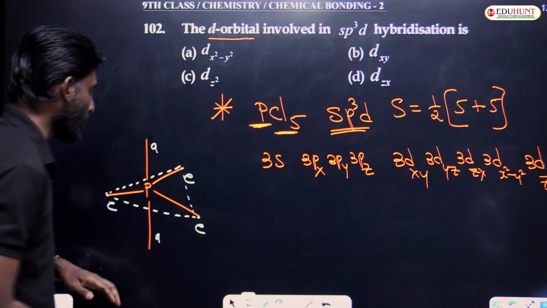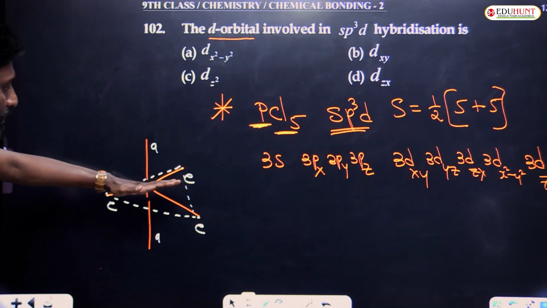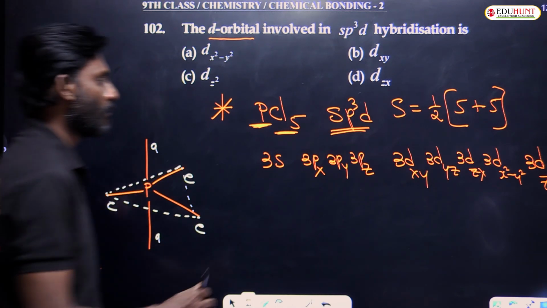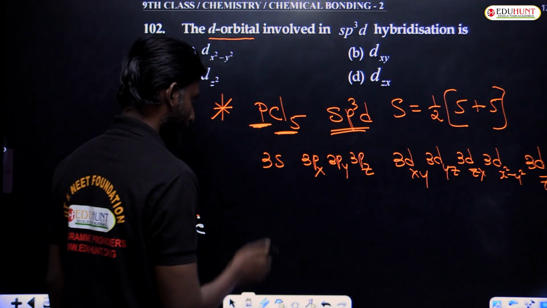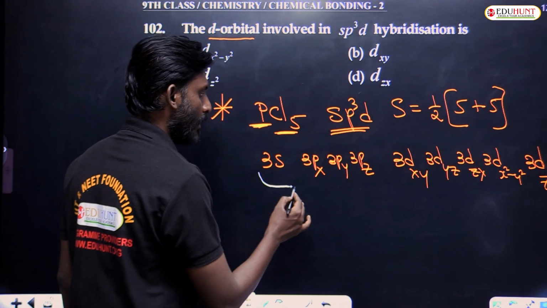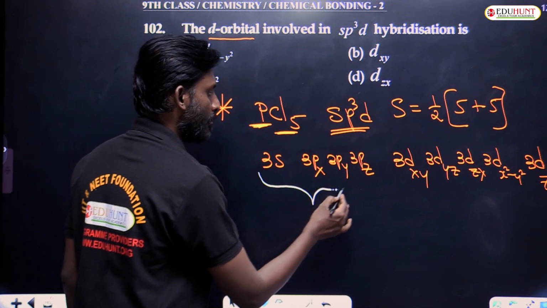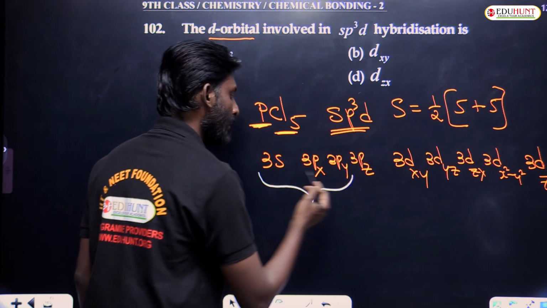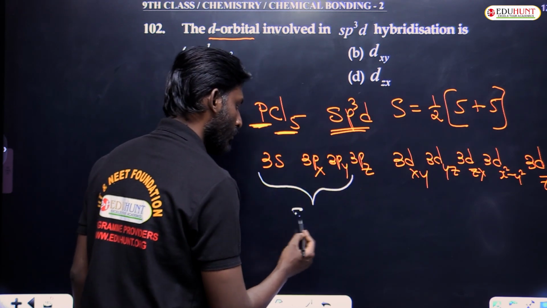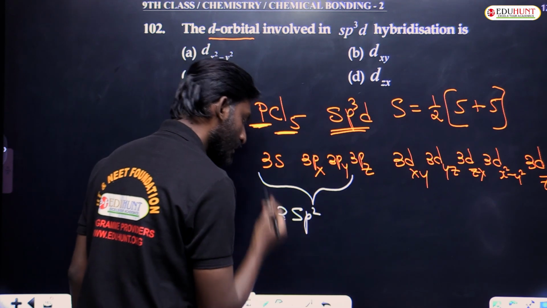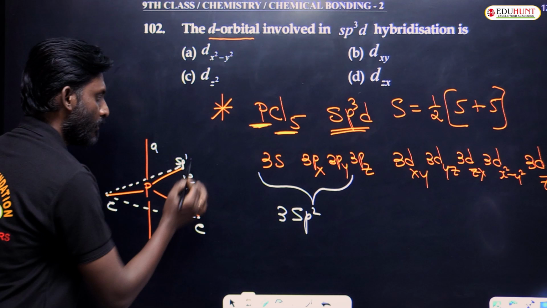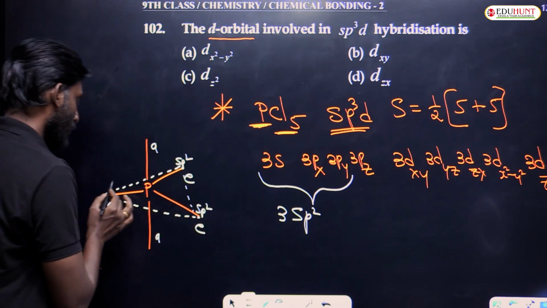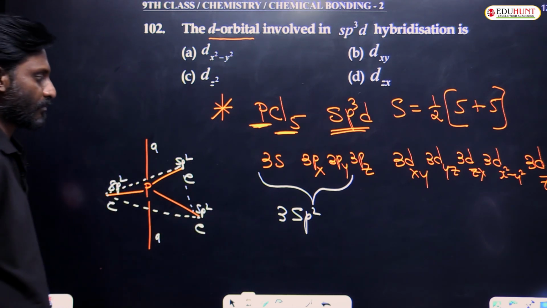Which 3 atomic orbitals? See, this is trigonal planar on the xy plane. So 3s and 3px, 3py. These 3 will intermix to give 3 sp2 hybrid orbitals. So one sp2, another sp2.